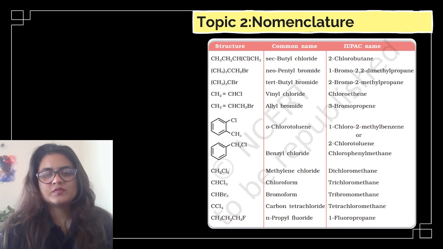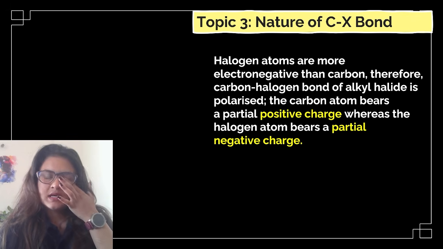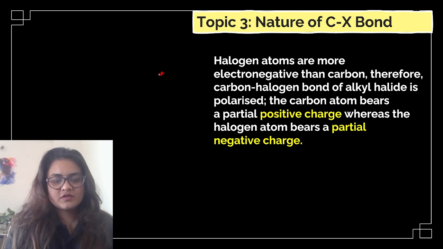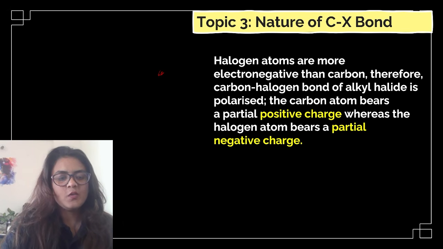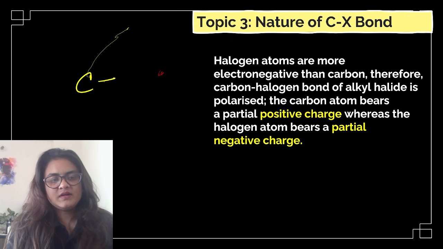So let's proceed. First we are going to discuss the nature of the C-X bond. Whenever we discuss the C-X bond, definitely it's a polar bond. Why? Because carbon here is attached to an electronegative halogen.